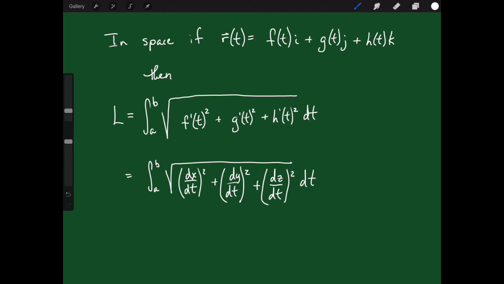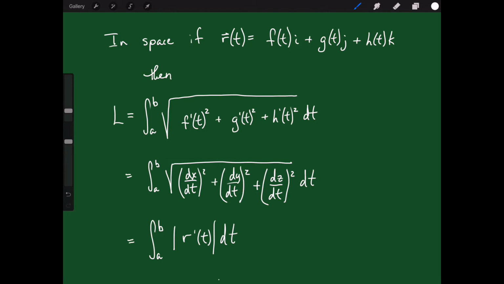Okay, and if we wanted to be very fancy about this, we could say that that's the integral from a to b of the magnitude of r prime of t dt.